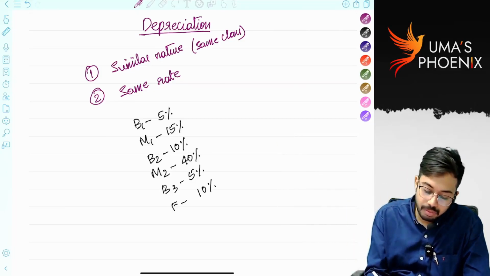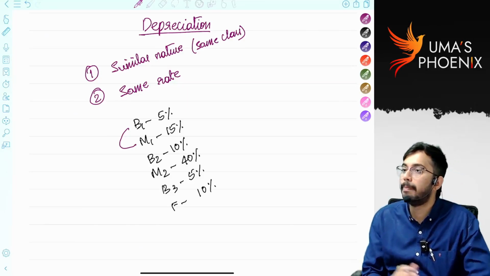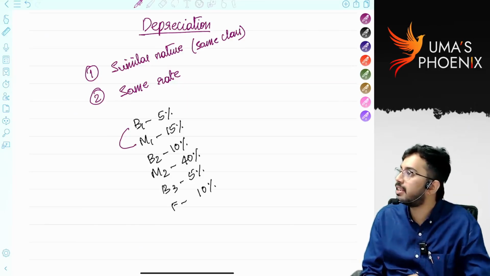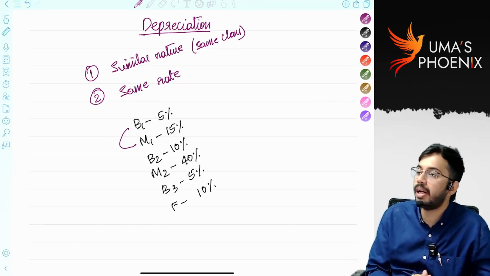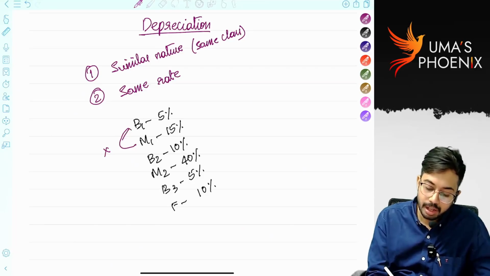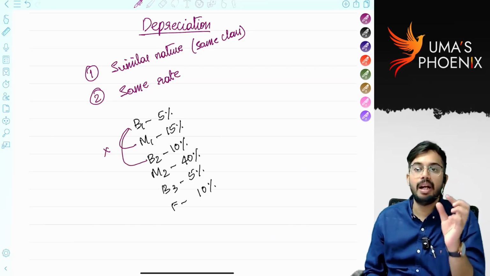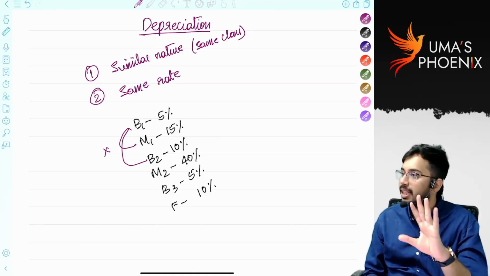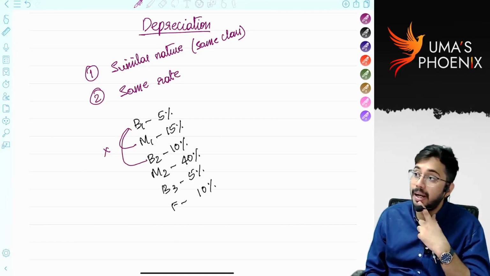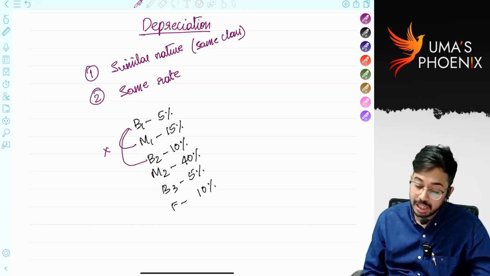Now, can I classify building and machinery into one block? Building class is different, machinery class is different. I cannot classify building and machinery into one block. Not possible. Can I classify building 1 and building 2 into one block? Building 1, building 2, both are the same class, same nature. But building 1 rate of depreciation is 5%, building 2 rate of depreciation is 10%.